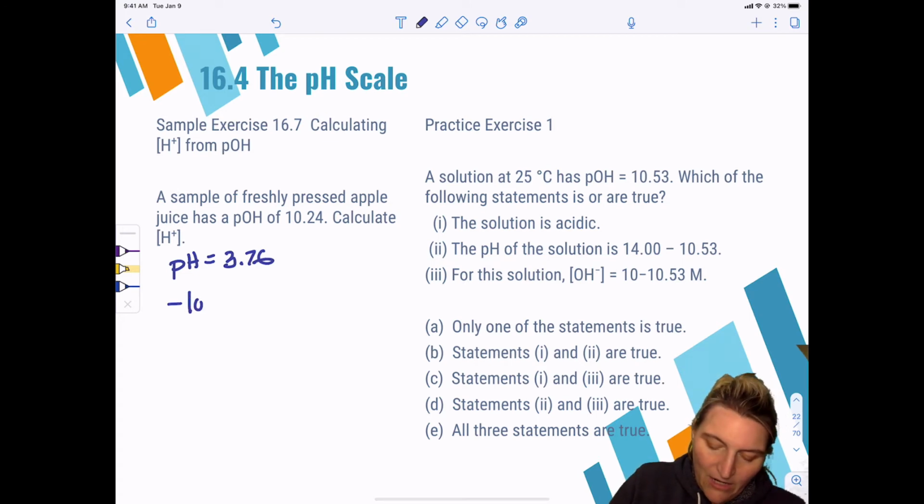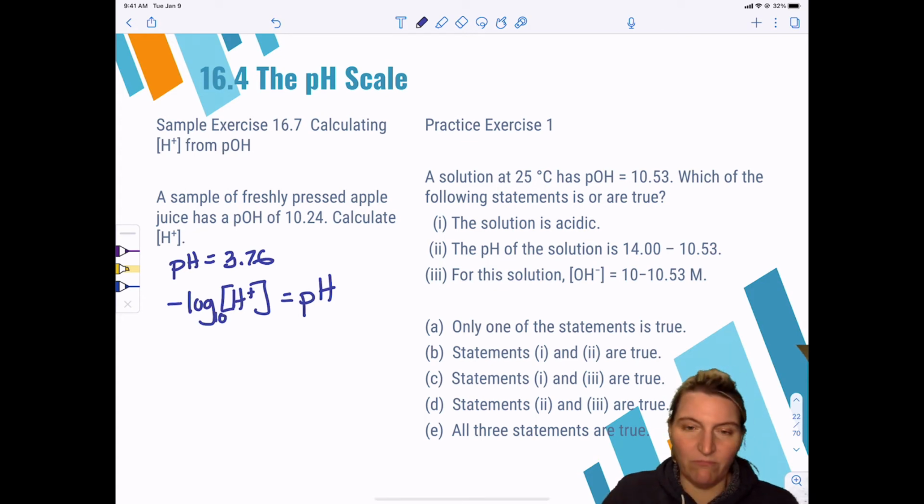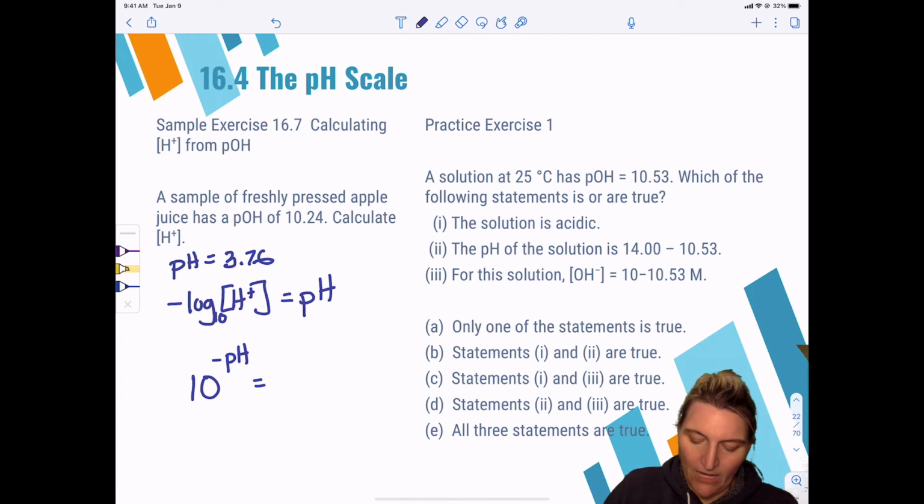Now, the negative log of the H plus is equal to the pH. I know logs are no one's favorite, but you have learned this. Or you can just learn the shortcut. A log without a base is really log base 10, so think of 10 down there. Then you would do 10 to the negative pH equals the concentration of the H plus.